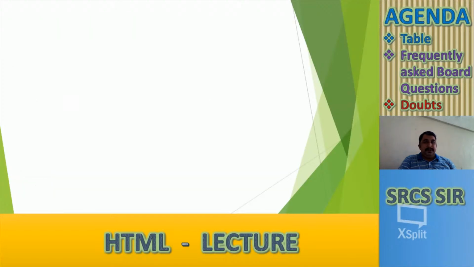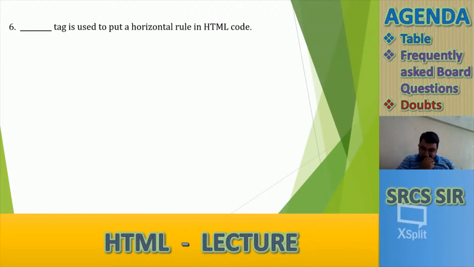Next question. Dash tag is used to put a horizontal rule in HTML code. BR, it is for break. HR is the correct answer.